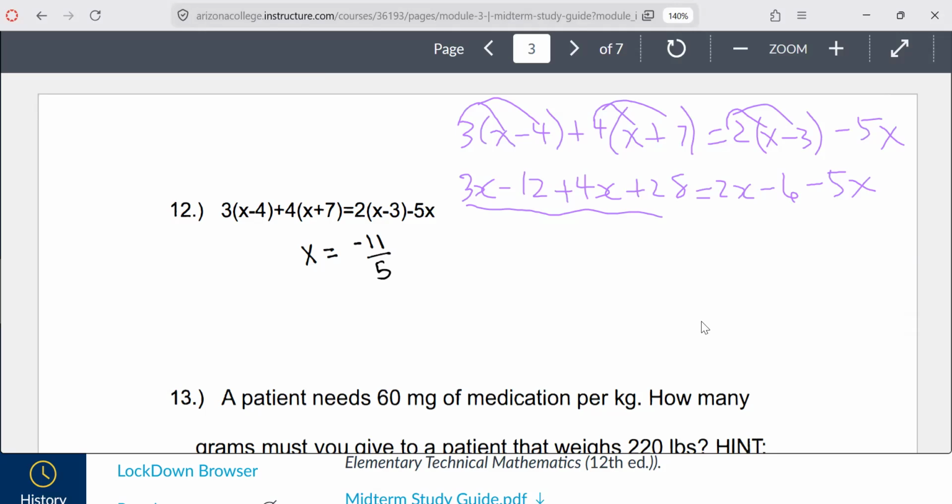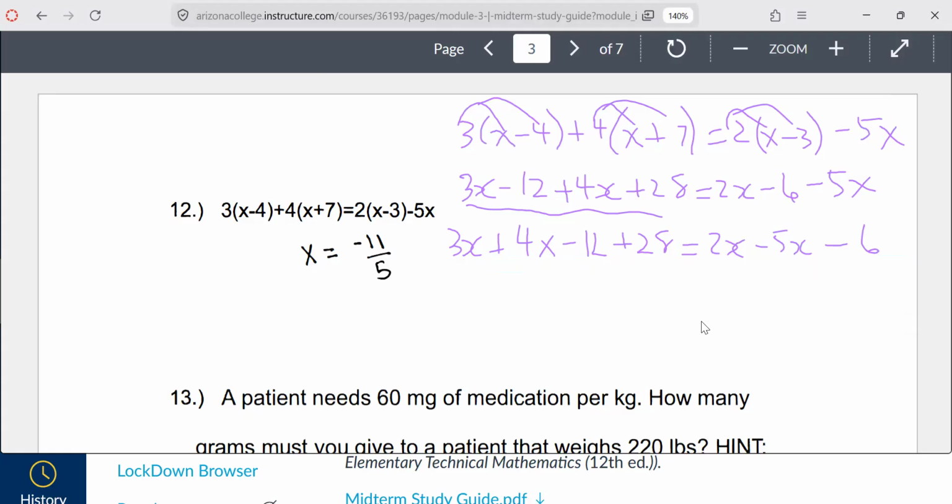So 3x and then 4x. Well, I want to group like terms. So 3x plus 4x. Now you don't change the signs because they did not cross the equal sign. Minus 12 goes with 28 equals 2x minus 5x minus 6. So on the right, I also had like terms, 2x and then negative 5x.